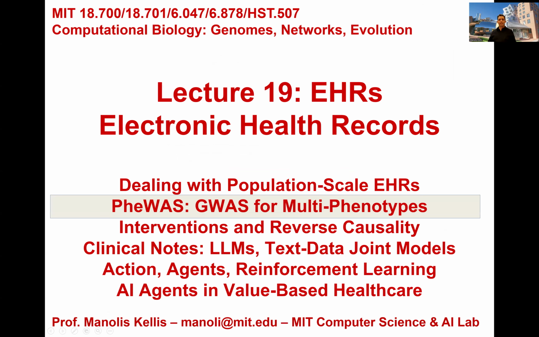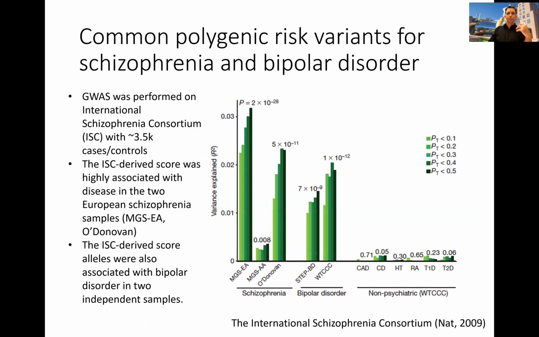So that's starting to deal with these population-scale EHRs with these multiple phenotypes together. And you can now start incorporating genetic information as well into this mixture. Up until now, I've been talking about patient records, but you can now think about these multi-phenotype aspects in the context of genetic information as well.